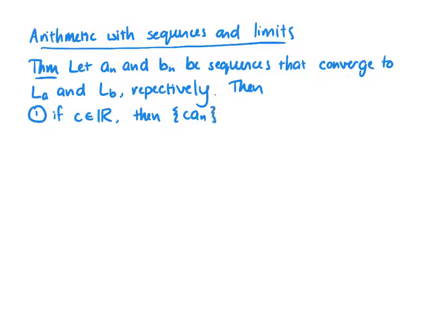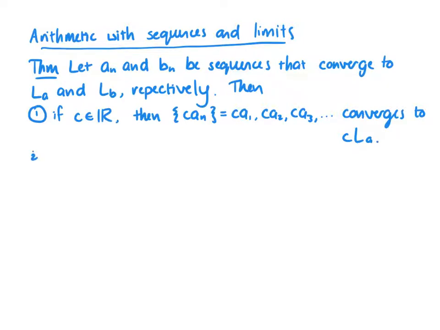This sequence has all the same terms as a_n, but all of them are multiplied by c. So instead of a1, a2, a3, it's c times a1, c times a2, c times a3, and so on, and it converges to c times the original limit, c times L_a.